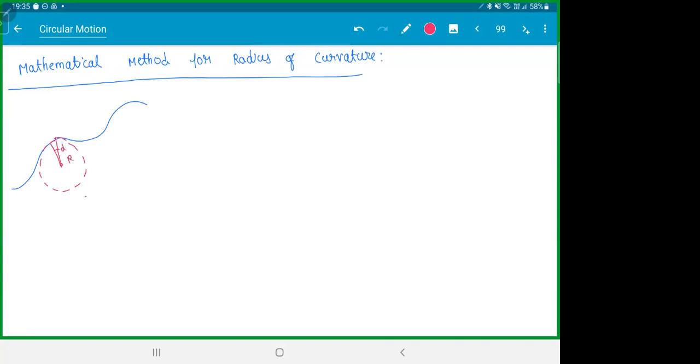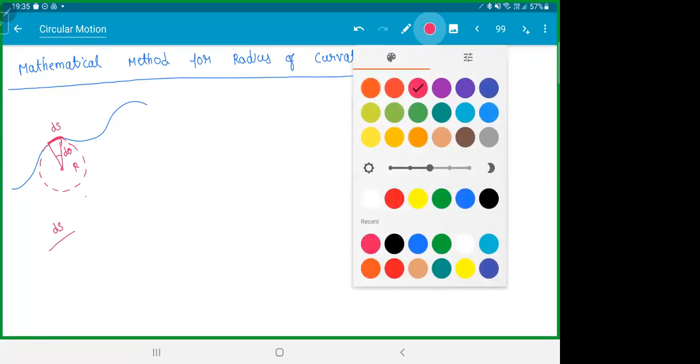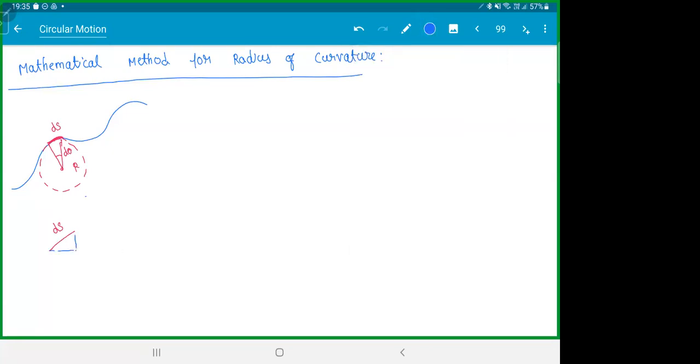Let this be an angle d theta. I'm exaggerating d theta, it won't be this big, but it should be very small. So this is your ds. If you look at this ds part here, this can be treated as dy, dx, and d theta.